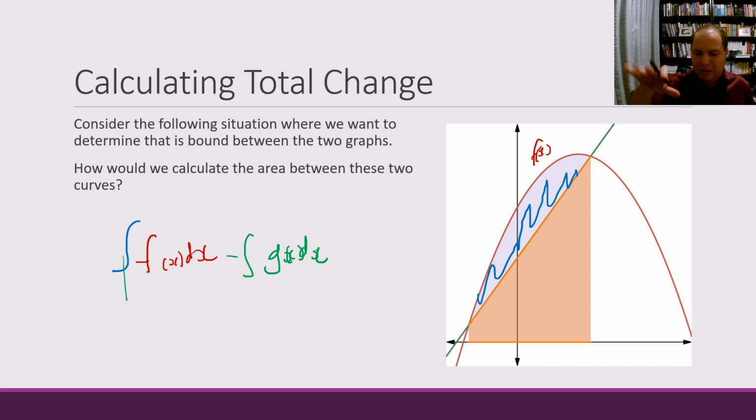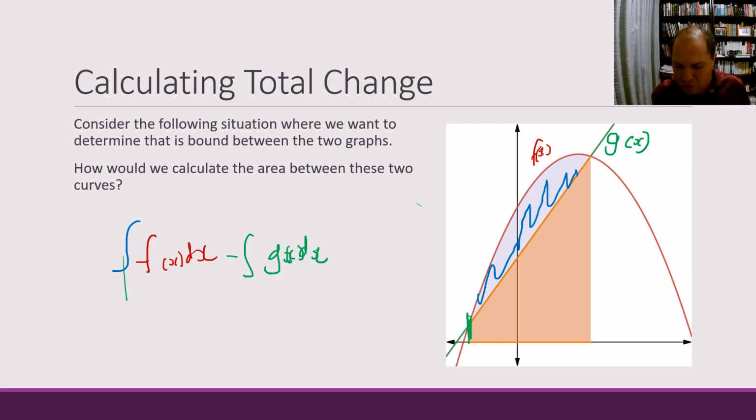The area, that blue area from the top down, subtract away that orange area under, let's call that g of x, and that should give us the area between the two curves. Now the key piece of information that we need before we think about getting that solution is what is our interval.